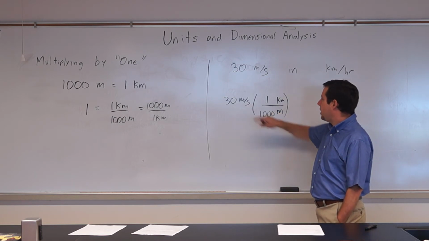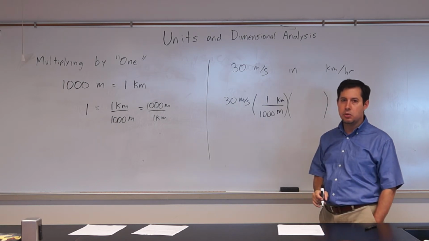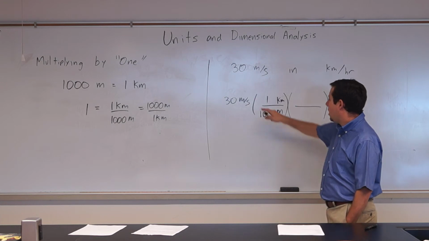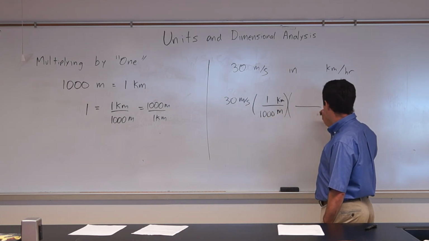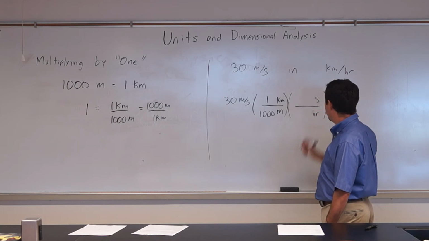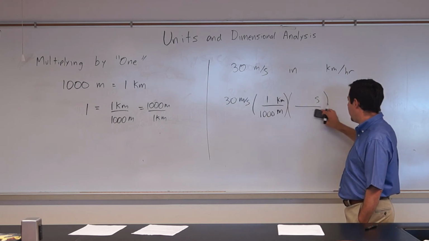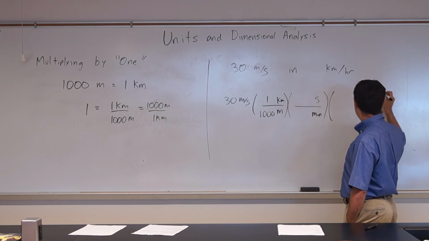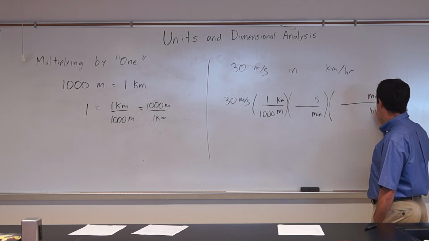But then we have to change seconds to hours, so we're going to need to create another ratio that is equal to the number 1. And because this is on the bottom, that means that we're going to need hours on the bottom as well. So ideally you would have something that had seconds and hours. Well, maybe you don't know that off the top of your head, but you can do it seconds and minutes. And then another ratio here that goes minutes and hours.